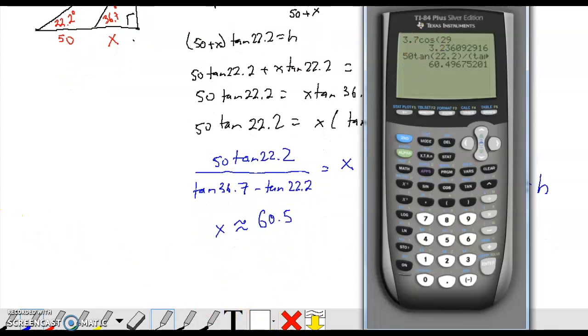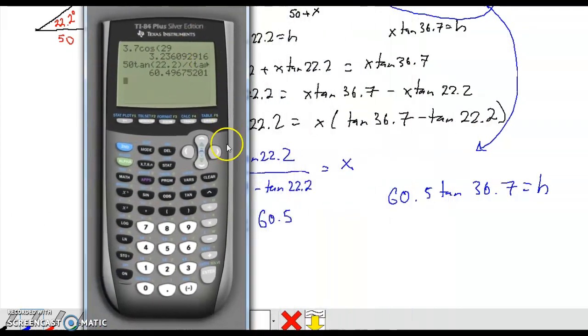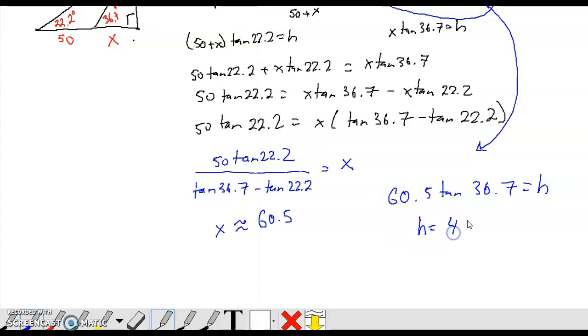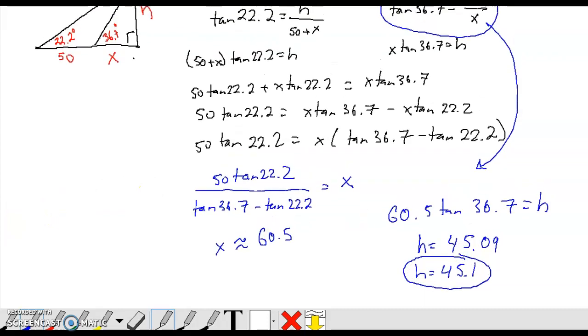Go ahead and bring this back up one more time, times tangent 36.7. And we are going to get a grand total of 45.09. So again, h is equal to 45.09, or we can round it to 45.1 roughly. I didn't write any markings, so inches or anything squared and stuff like that. And that's how we would solve that.